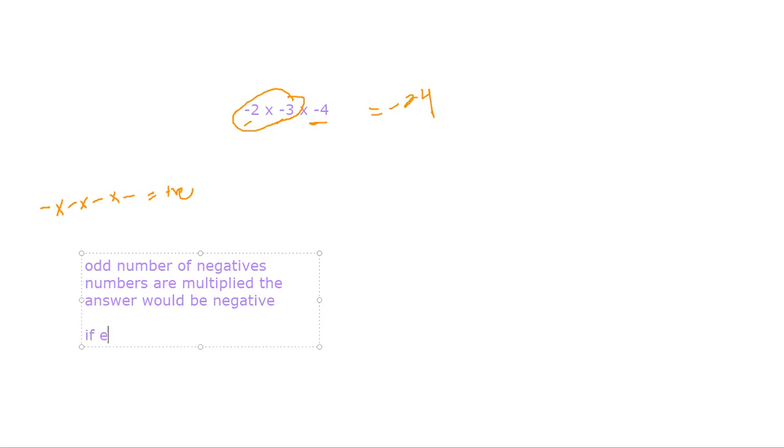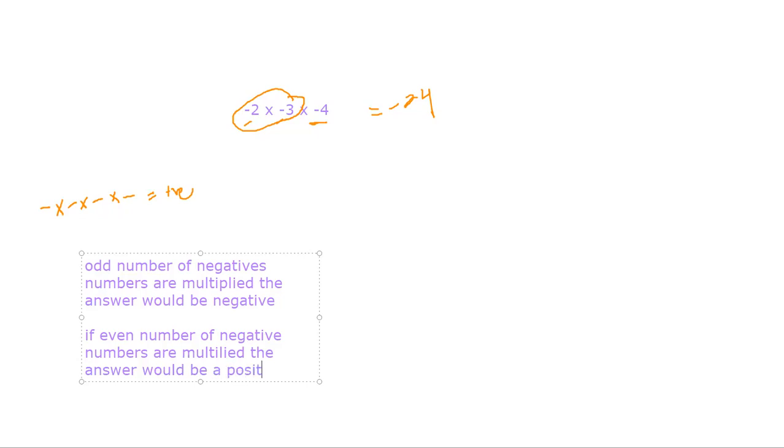If an even number of negative numbers are multiplied, the answer would be a positive number.